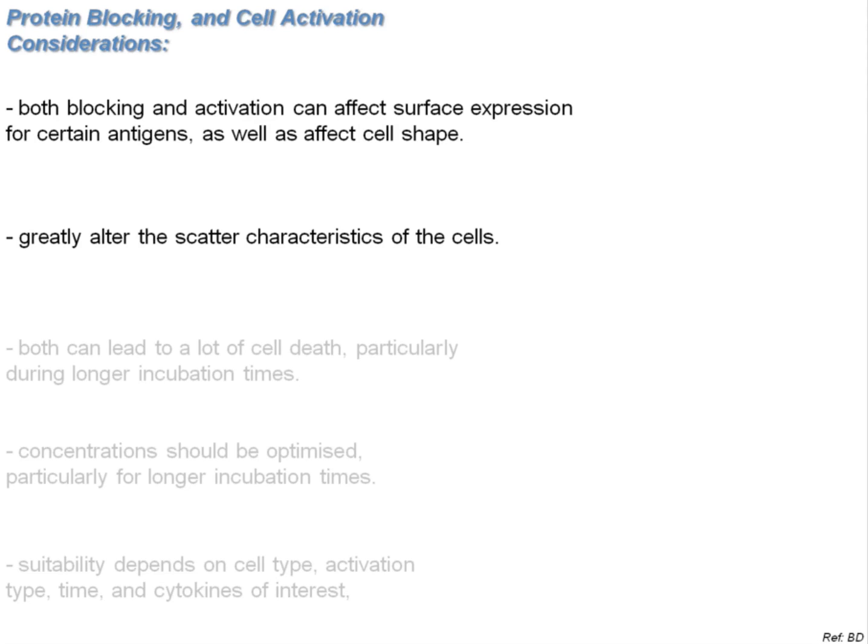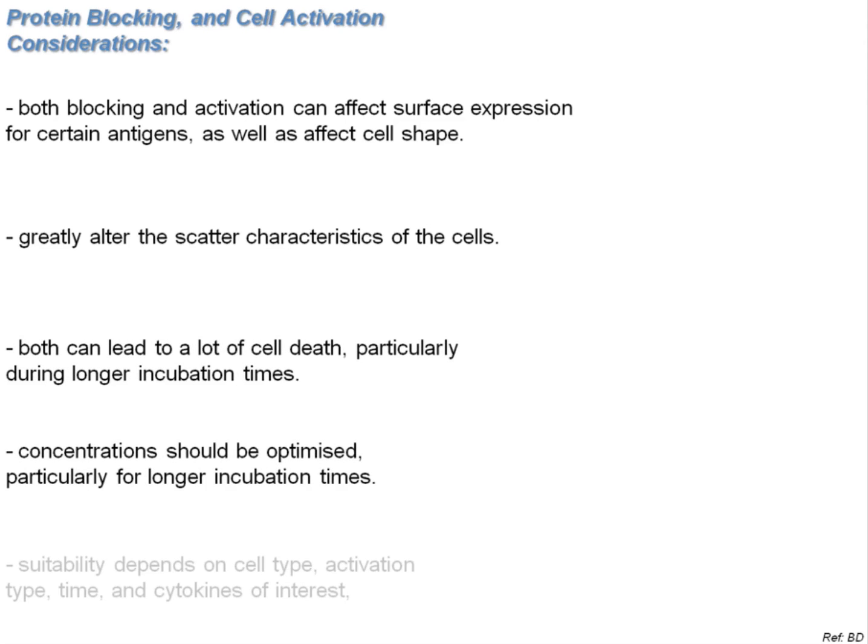So these are things we need to consider. Both protein blocking and cell activation will also lead to a lot of extra cell death. And again, the longer the incubation time or the more potent the stimulation, generally the more cell death we'll get. So we need to think about optimizing our setup depending on the cell type, the stimulation type, and our cytokines of interest.